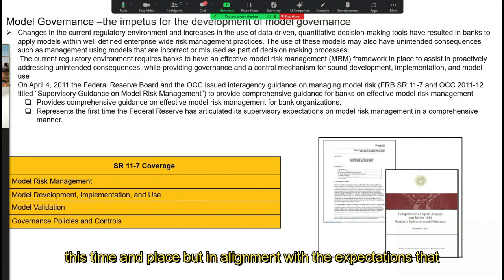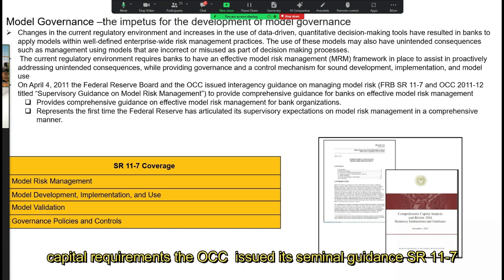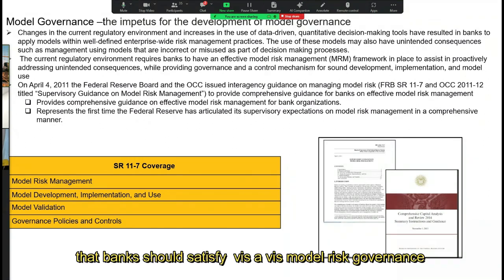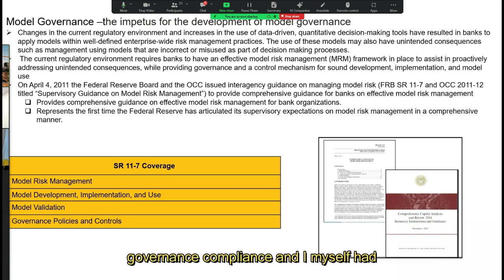That's not for this time and place, but in alignment with the expectations that models will be used to forecast capital requirements, the OCC issued seminal guidance, SR 11-7, that really outlined the expectations that financial institutions should satisfy vis-a-vis model risk governance. The guidance is still in force.